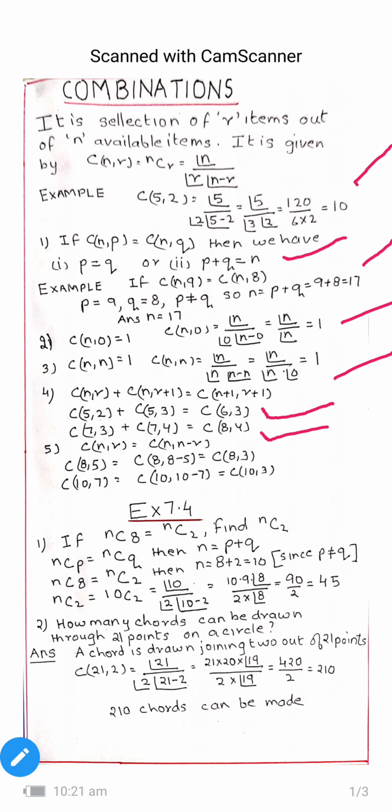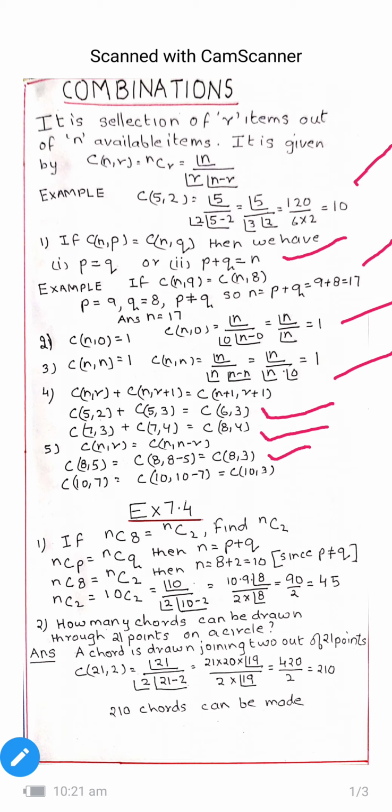Now fifth is nCr is equal to nC(n minus r). 8C5 is equal to 8C(8 minus 5), 8C3. So if we know 8C5, we can find out 8C3 is equal to 8C5. We need not calculate it again.